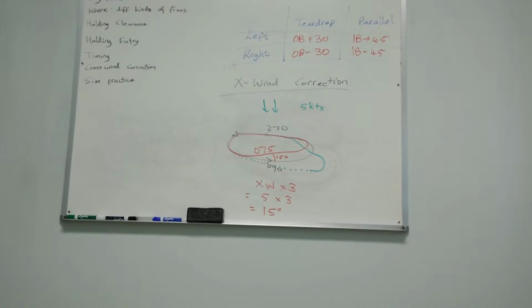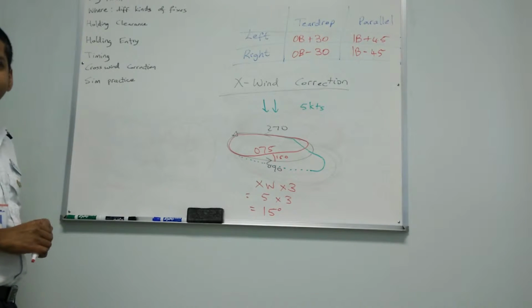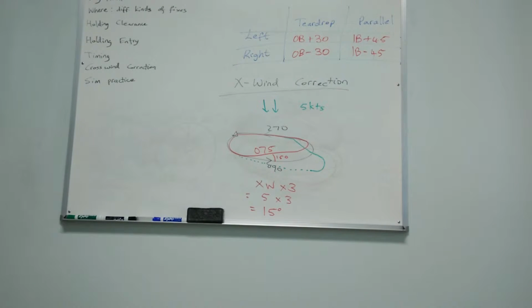Would it be cheating if I use a second OBS and put a radial 090 and just track it down instead of doing the math? If I have the ability to have 2 OBSs. No, it won't be cheating. You mean on the outbound, you want to fly track 090?